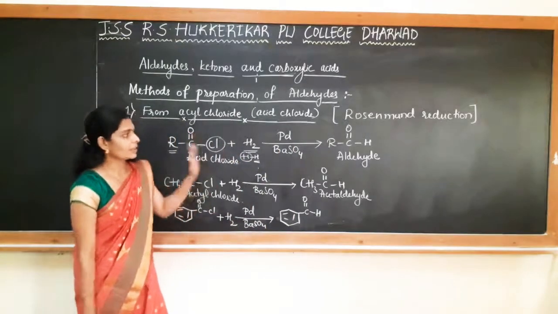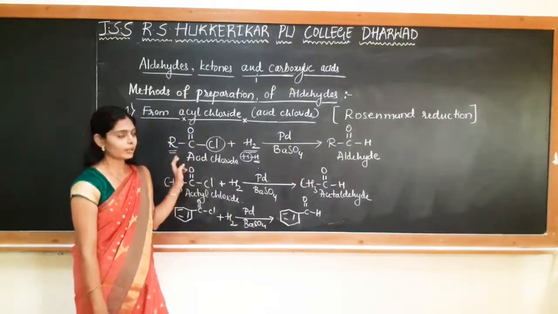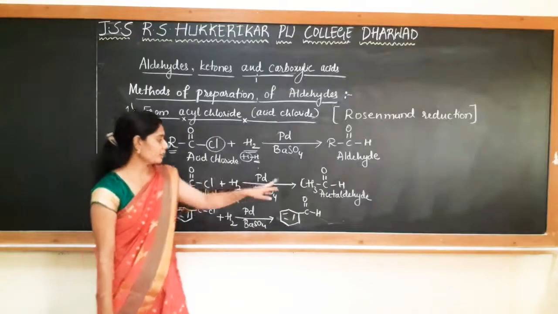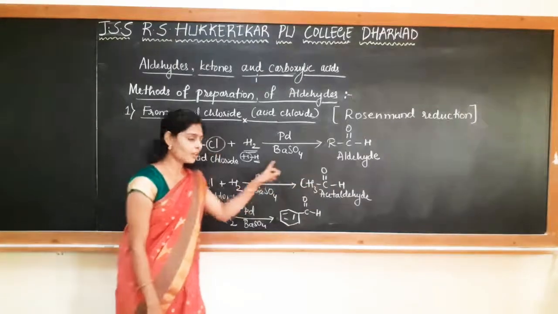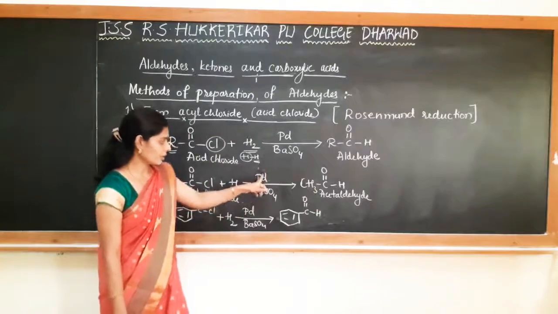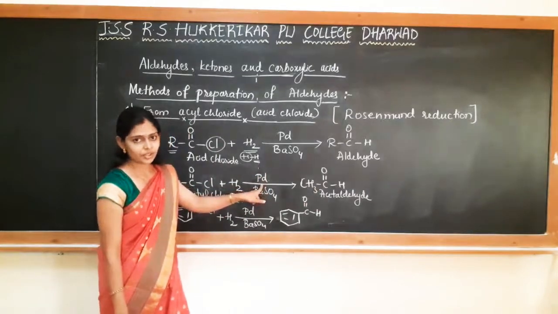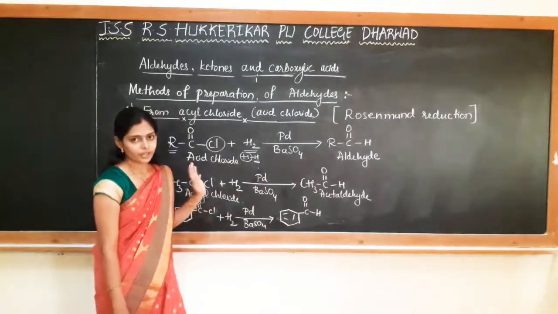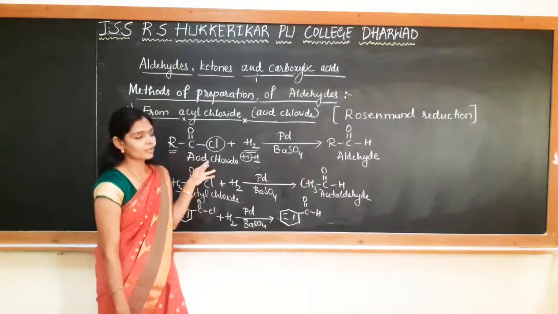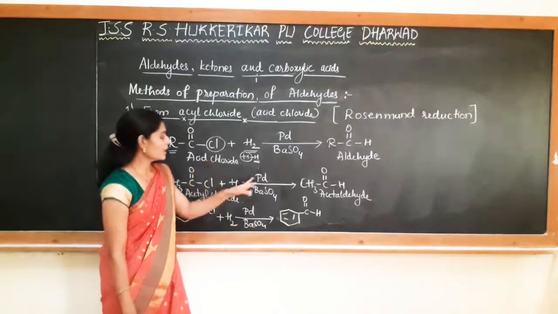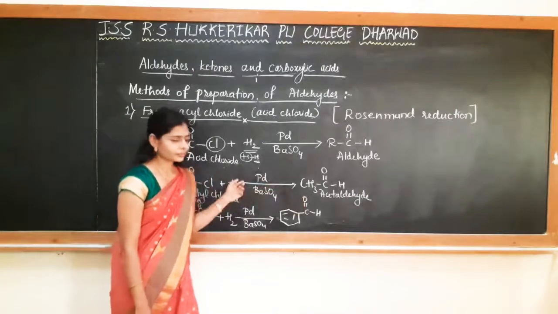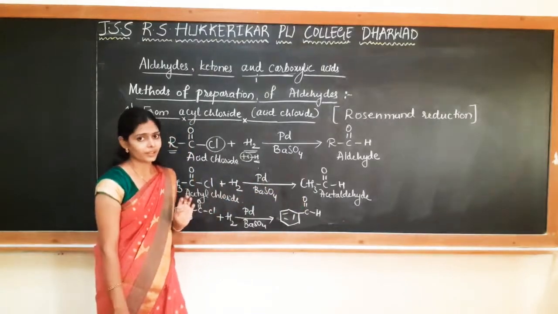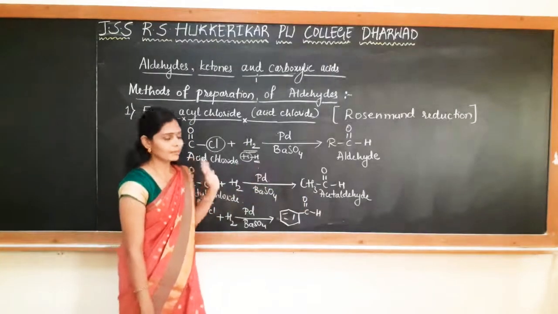So this is the Rosenmund reduction, very important for the examination. They can put a question mark on the product side, on the reactant, or on the reaction condition, and you have to complete the reaction. Directly they can ask to explain the Rosenmund reaction with the equation, or they can put the question mark and you have to complete the reaction.